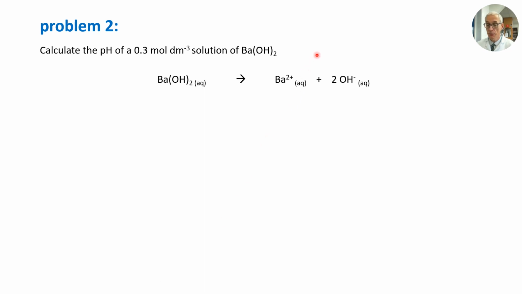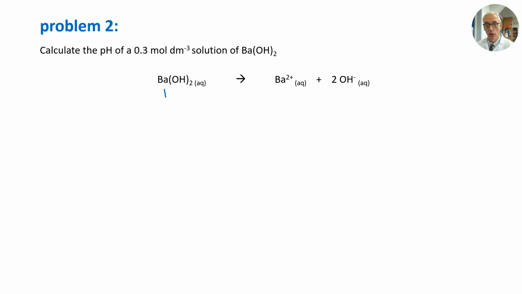Now, if we move to a problem involving a group 2 hydroxide, still a strong alkali, barium hydroxide, we'll see that the ratio between barium hydroxide and the moles of hydroxide ions is no longer 1:1 as with sodium hydroxide, but is 1:2.